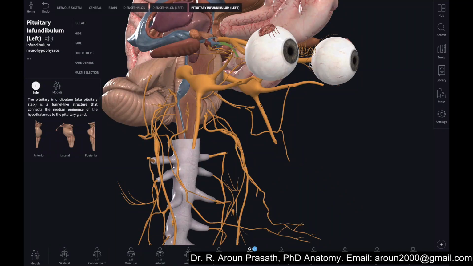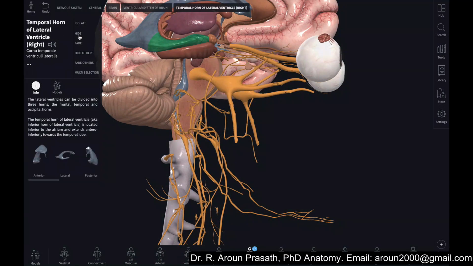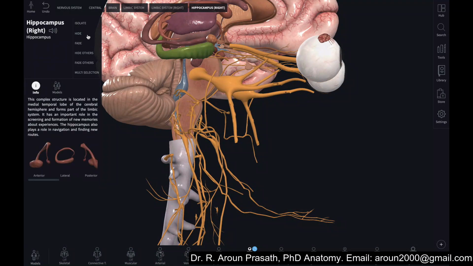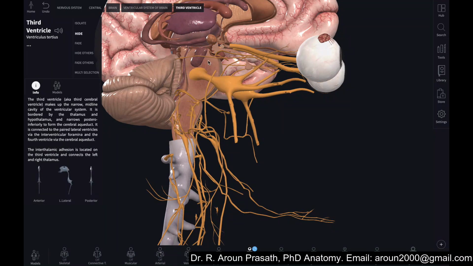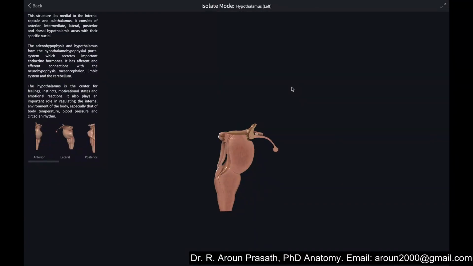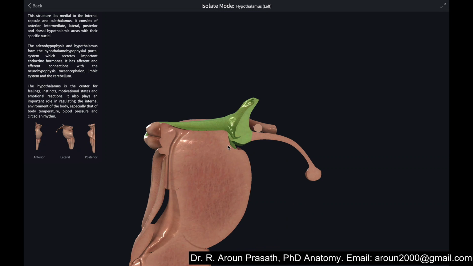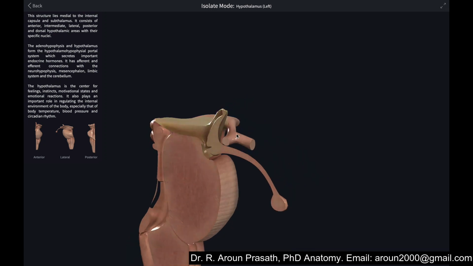Though the hypothalamus is a very small, narrow part, a very small tissue weighing around 4 to 6 grams in the normal adult. This is exactly on the cerebral peduncle. This is the leg of the cerebrum, and in this place you have the hypothalamus.